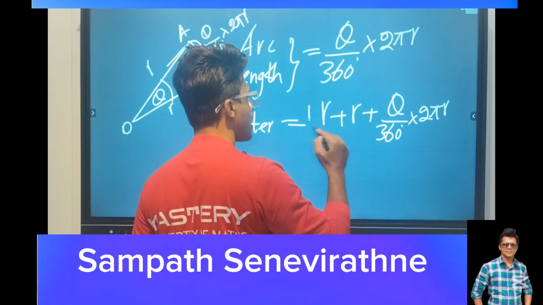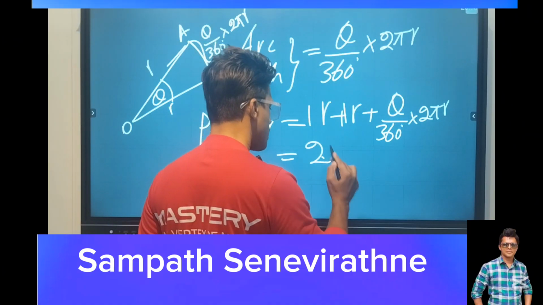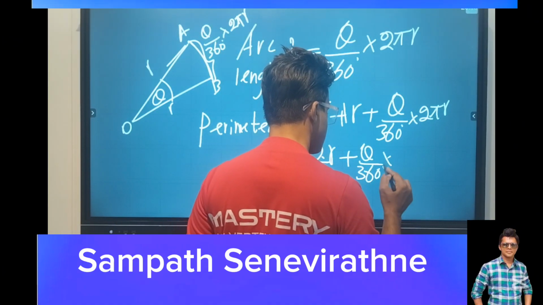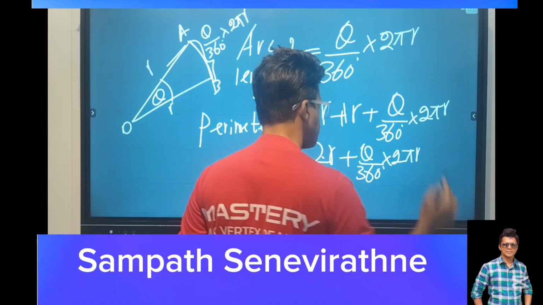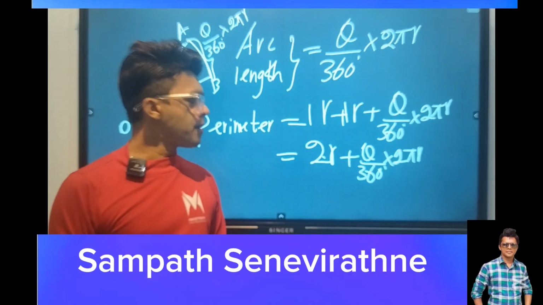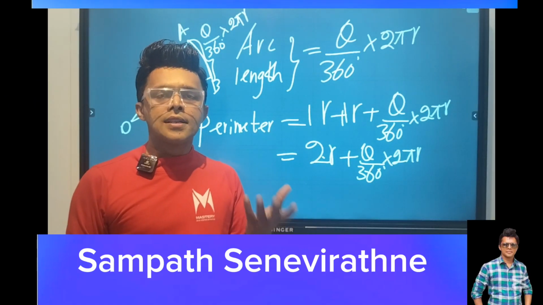So 1r plus 1r, 2r, plus theta over 360 degrees times 2 pi r. This is used to get the perimeter of a given sector.